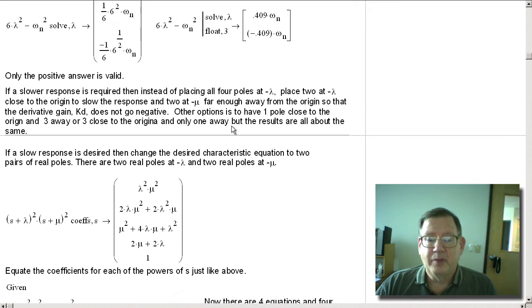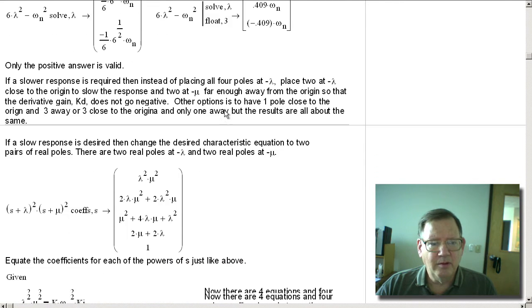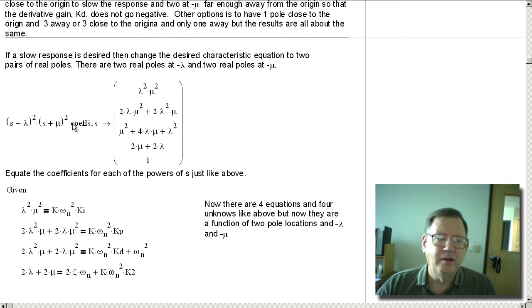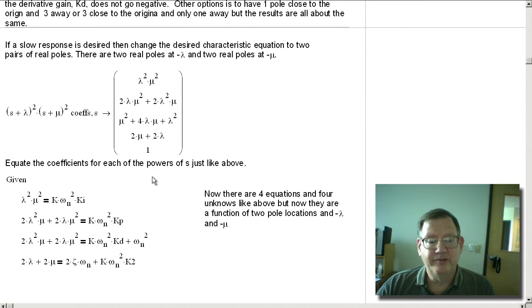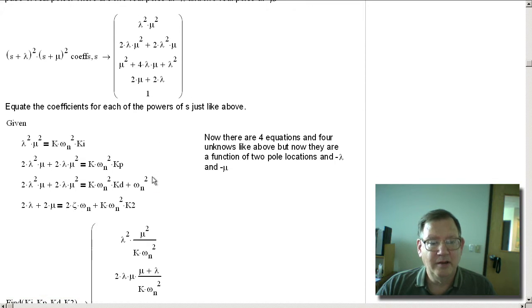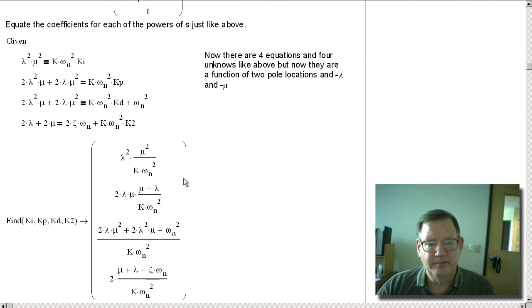So what do you do? Well, you can change the desired characteristic equation so there are 2 sets of real poles. There's 2 real poles at lambda and 2 real poles at minus mu. And so I have another set of equations, and I do the same, equating the coefficients.